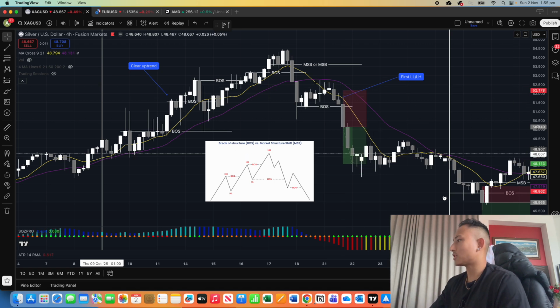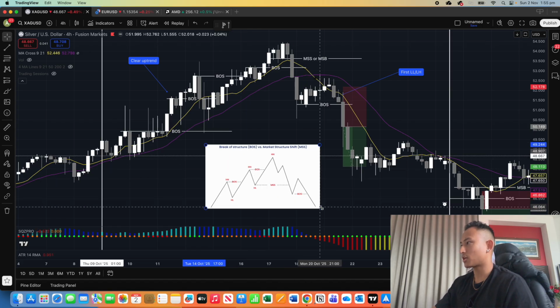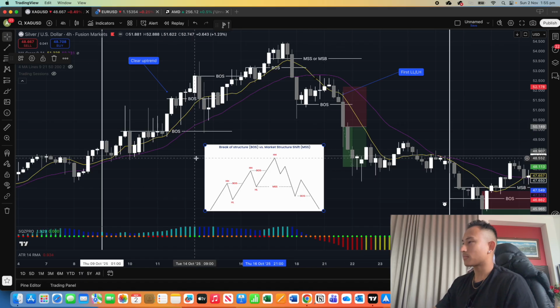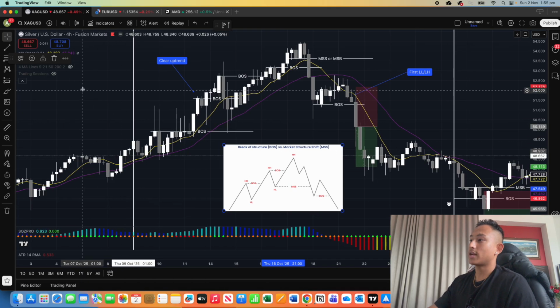So this is the strategy here. It's just based on simple breaker structures and market structure shifts, which I call market structure breaks. Also, you're trading in line with the 9 and 21 moving average on the 4-hour chart.